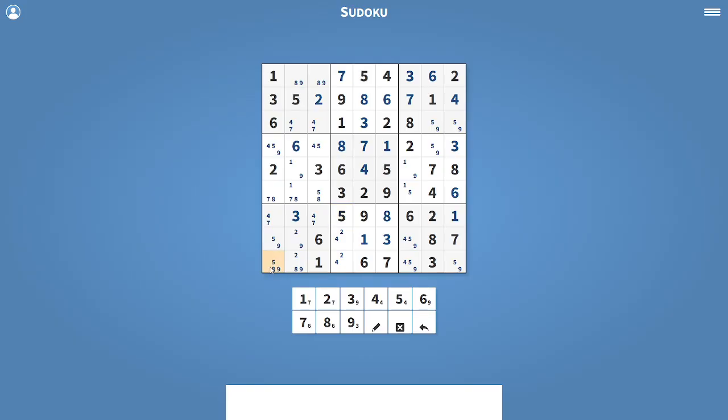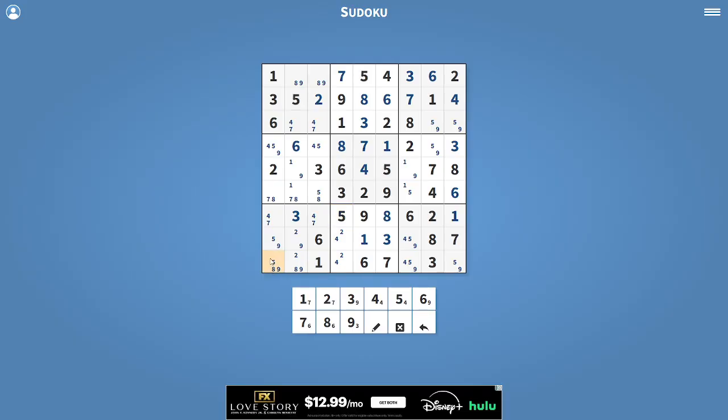Okay. Let's just think here for a second. If 5 is here, that has to be 9, which means that is 4, which means that is 2, and that would be 9. No, it cannot be that, because that's a 9 and that's a 9.